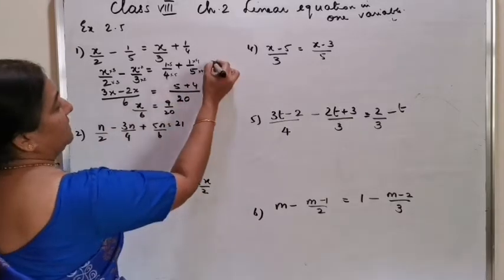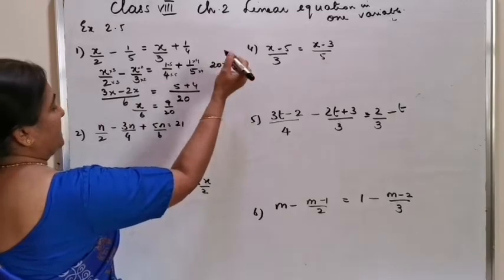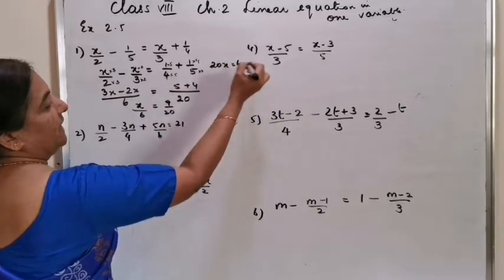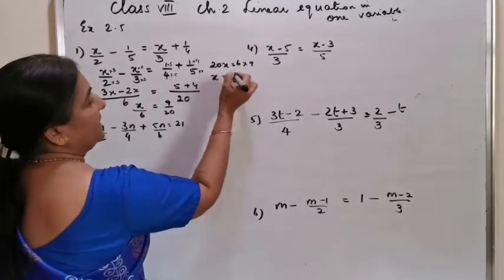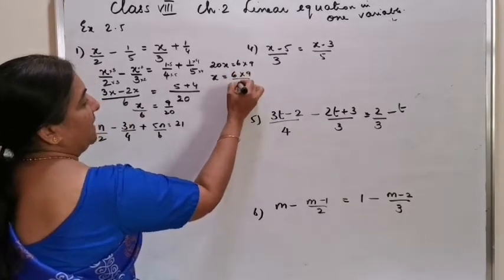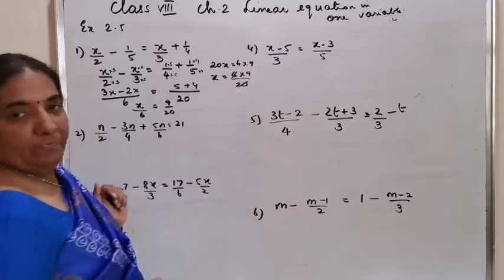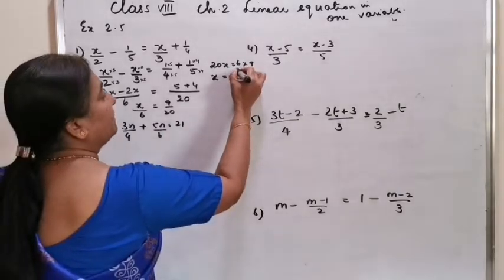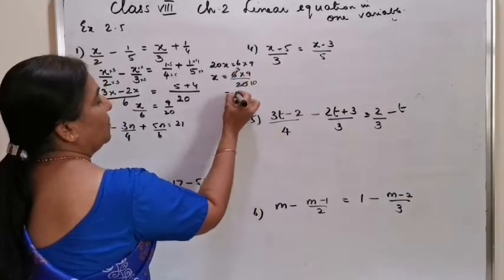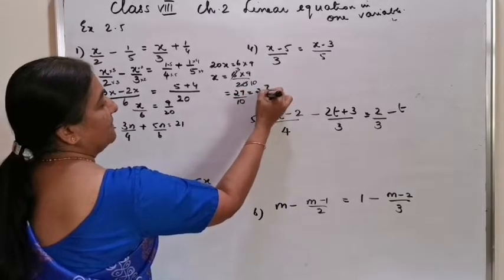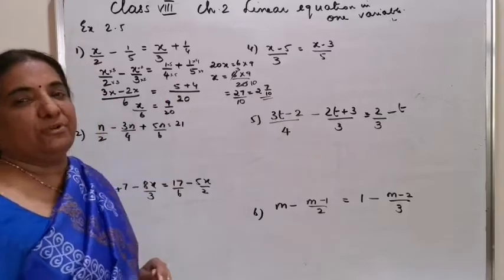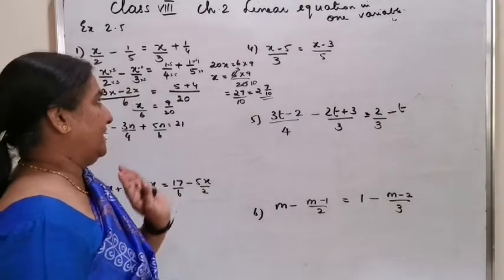You can cross multiply as 20x is equal to 6 into 9. You need not even multiply, you can simplify it as 6 into 9 by 20. It goes in the table of 2, 3 and 10, so the answer is 27 by 10, or 2 and 7 by 10. Even if you leave it as 27 by 10, it's fine.